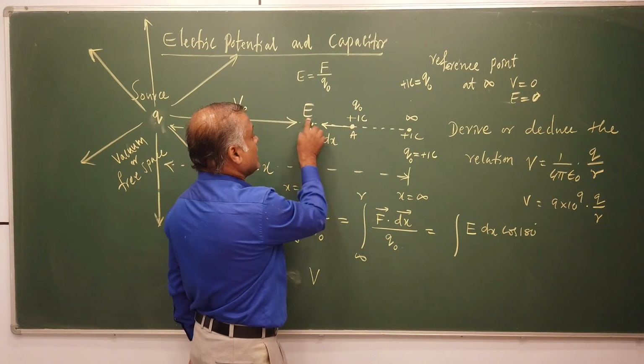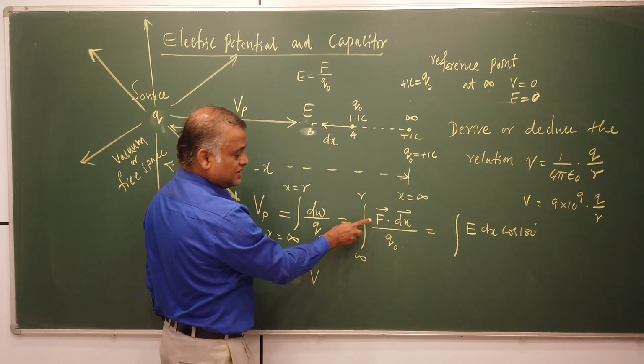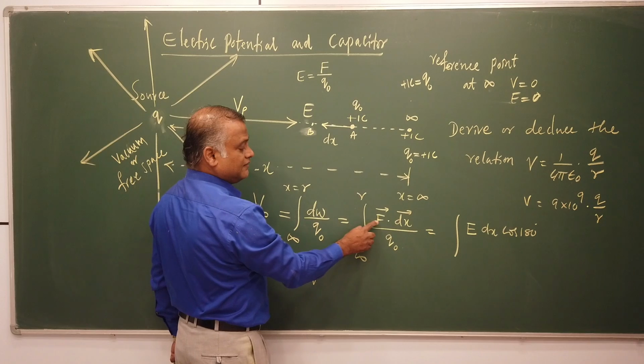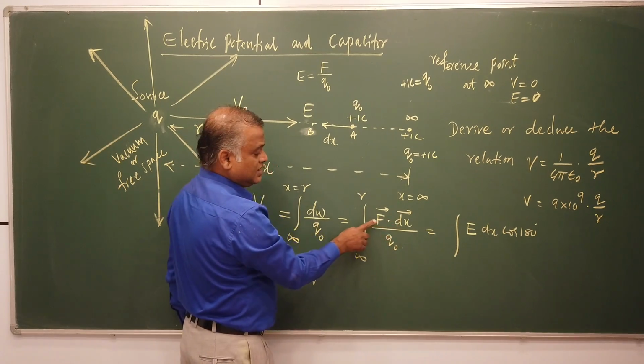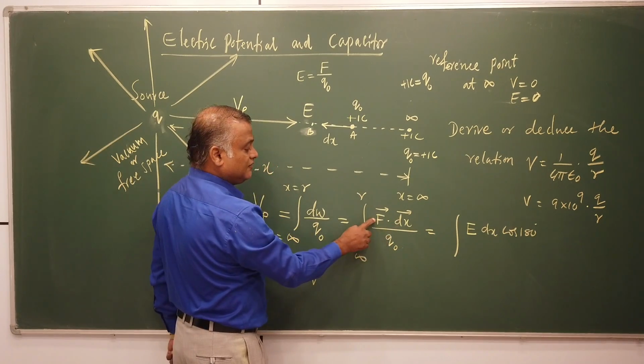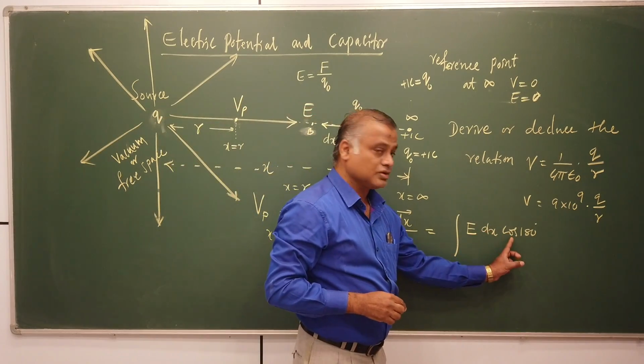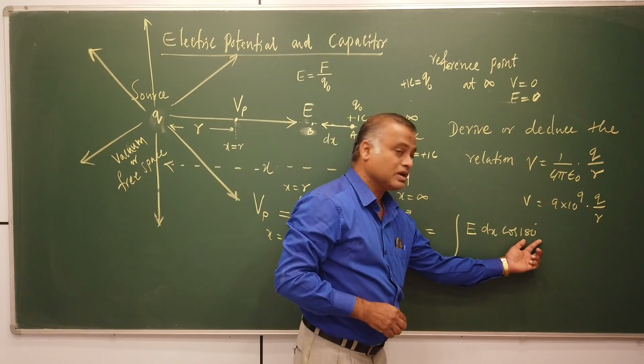I repeat the same: F dx cos theta, F by Q naught is E, so E into dx into cos 180. Why cos 180?